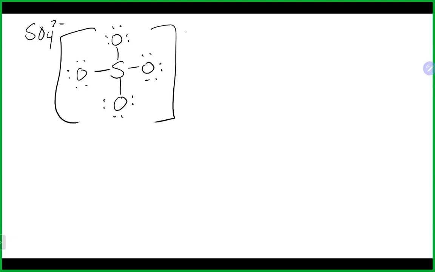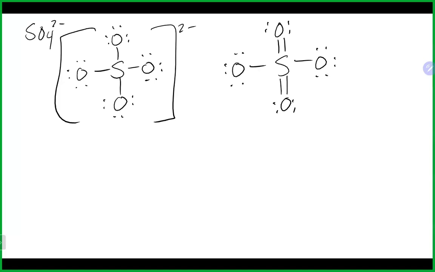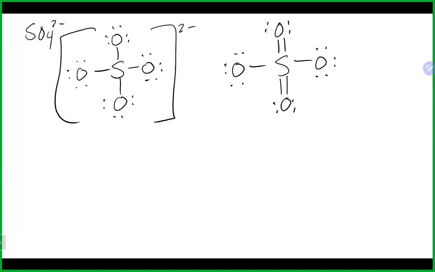Everybody has 8, it meets the octet rule, everybody's single bonded. You might Google it up or whatever it may be, even though maybe you're not supposed to do that. And you see this picture and you draw it on your paper, and then your teacher knows you did that because they didn't teach you it in this class, right? But you end up with this picture right here.